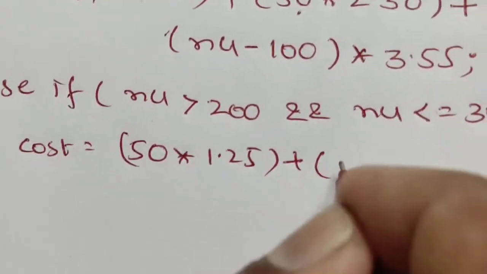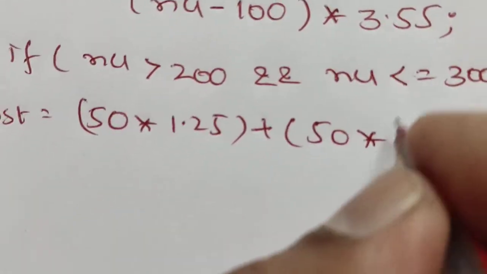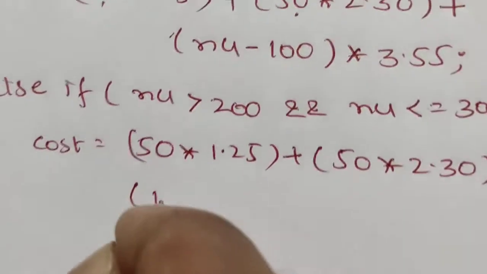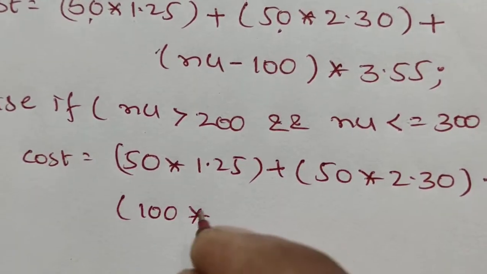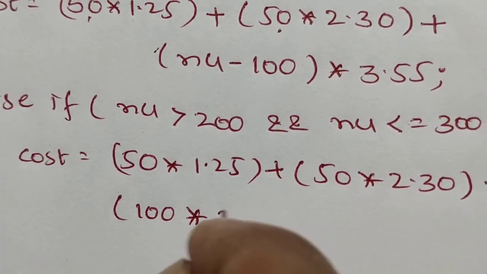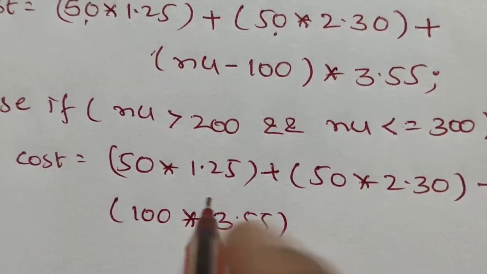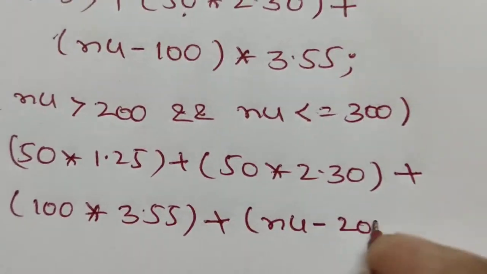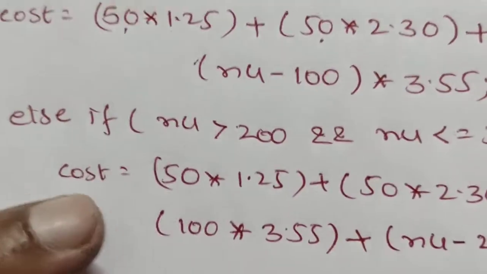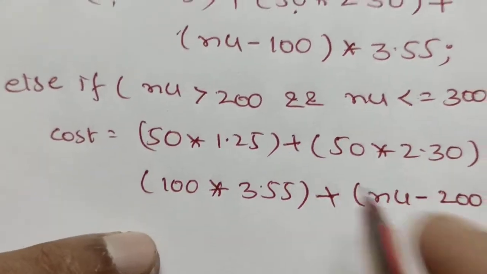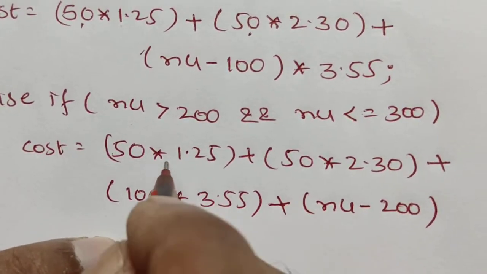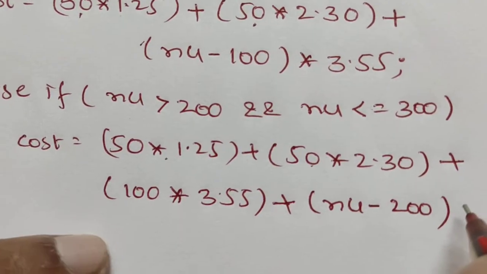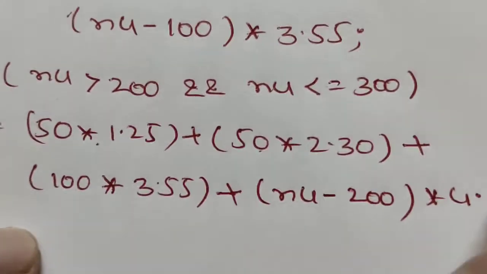For the remaining 50 units, 50 into 2 rupees 30 paise. Plus for the remaining 100 units, 100 into 3 rupees 55 paise. Plus number of units minus 200, because the consumption is greater than 200 and the three slabs, first 50, second 50 and third 100, are already calculated. So these are subtracted, total 200, into 4 rupees 80 paise. This is the cost.